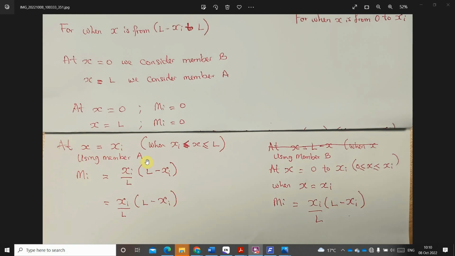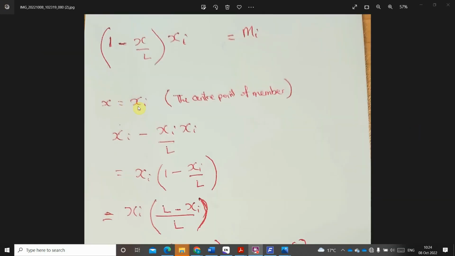That starting point is maybe 0.0 to the other hand L. So at 0.0 of this, if we look at it again, this is our reaction at A, as we already know, times Xi to give us the moment at point I.